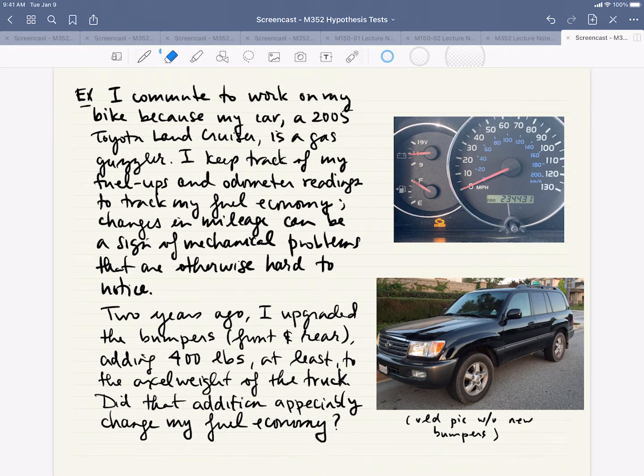I keep track of my fuel ups and my odometer readings to track my fuel economy, because sometimes a mechanical problem can happen and it's not obvious, but there's evidence of it in your mileage record. Two years ago, I upgraded my front and rear bumpers, adding at least 400 pounds to the truck. So my question is, did that addition appreciably change my fuel economy?